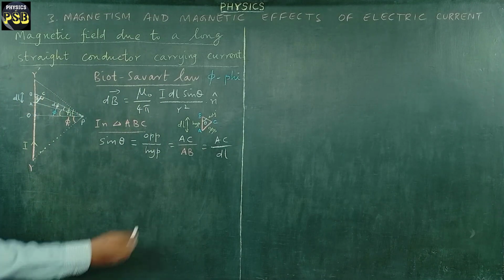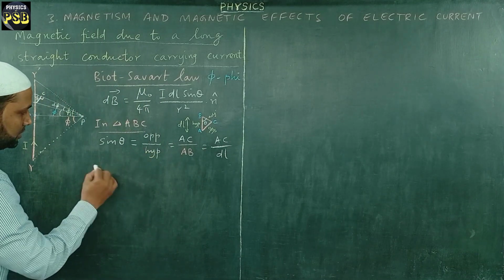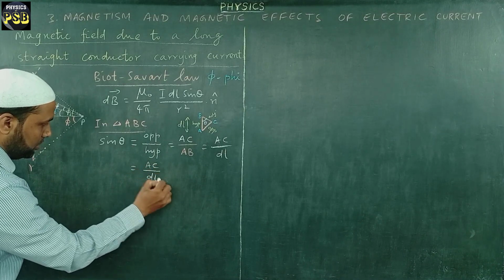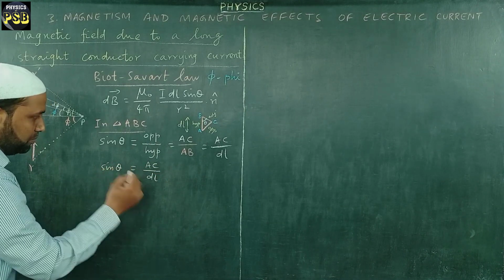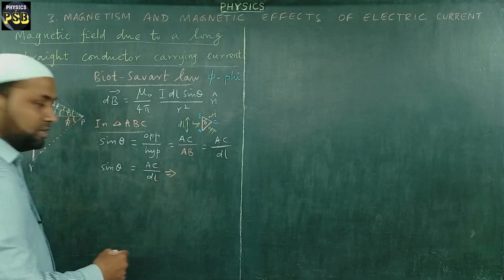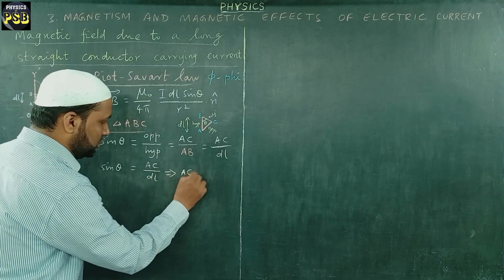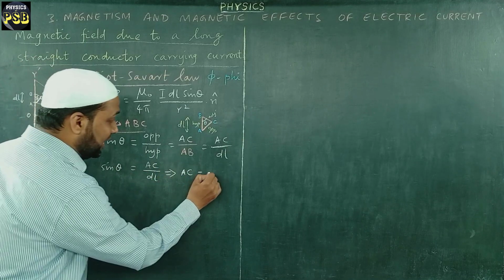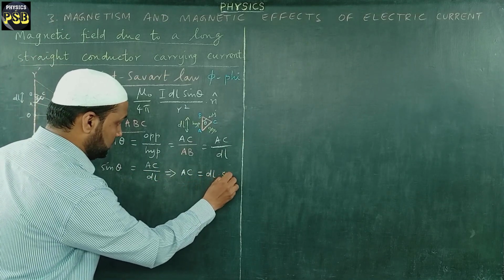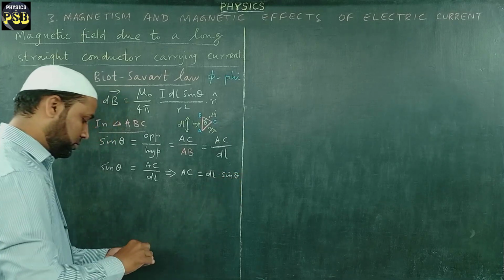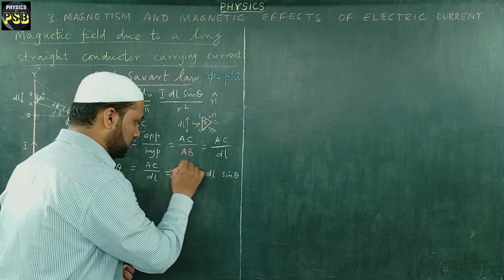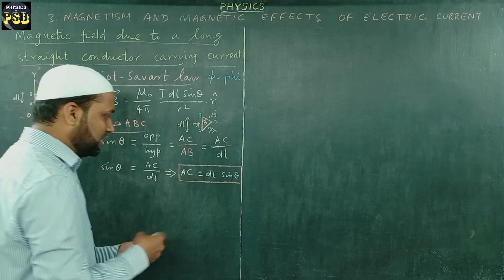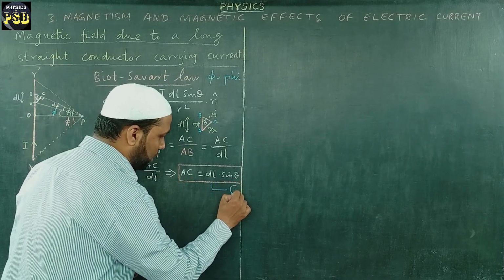Now, if I cross multiply and rearrange this equation, AC is found to be equal to dl sin theta. I box this for better visibility, and I name this equation number 1.